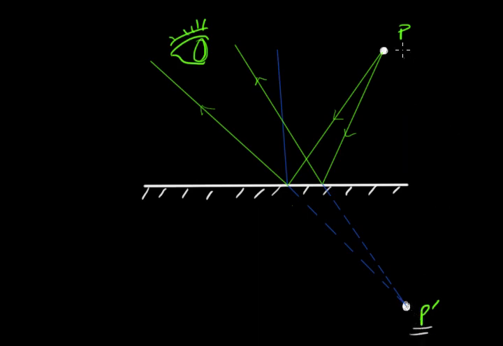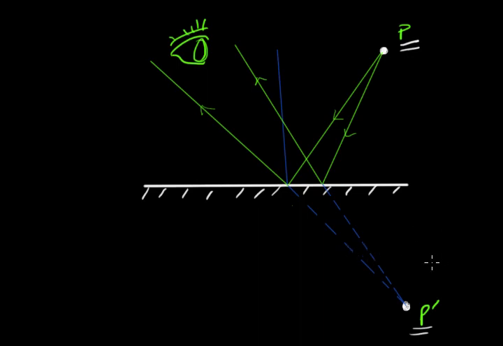The actual point of the source is P. That's why this point is called a virtual point, and thus the image formed is called a virtual image. So this is the actual object, but the impression formed due to reflection from this regular plane mirror is this point, and this point is called the virtual image of this object P.